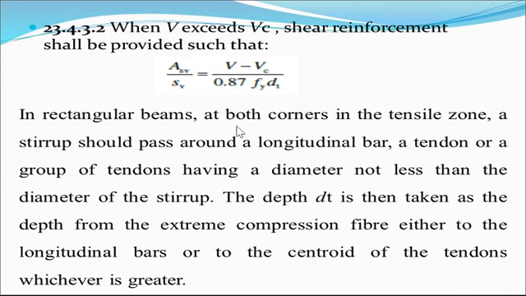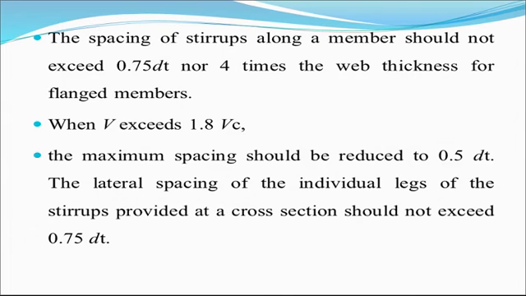In a rectangular beam, at both corners in the tensile zone, a stirrup should pass around a longitudinal bar, a tendon or a group of tendons having a diameter not less than the diameter of the stirrups. Remember this thing. The spacing of the stirrup along the member should not exceed 0.75 dt nor 4 times the web thickness for flanged member.